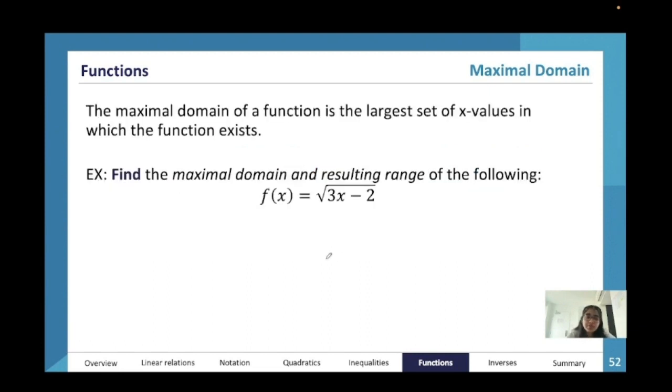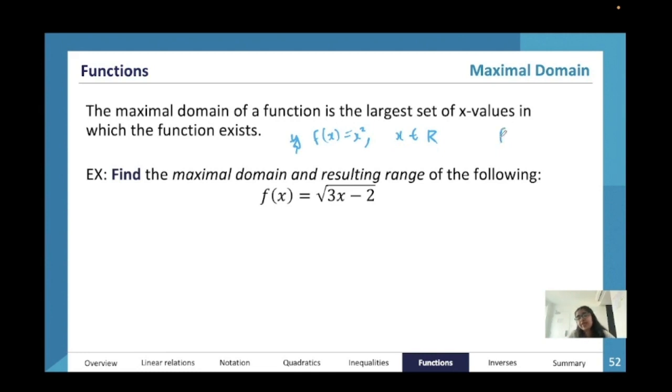The maximal domain of a function, so that's a word that you'll hear quite often, maximal domain. And that's basically the largest set of x values where the function actually exists. So what x values does the function exist for? So let's talk about the quadratic before. If you have f of x equals x squared, then x is a subset of all of your numbers, because x can exist for any x value.